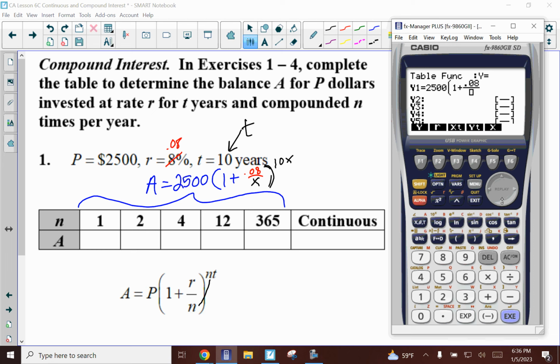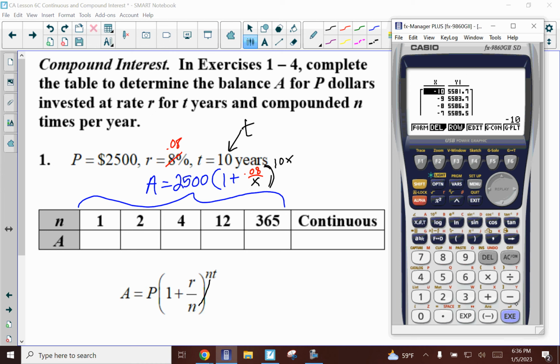Then we're going to hit the arrow down to the bottom, and we're going to stick the X down there. Remember the X, the only X you're allowed to use is underneath the red alpha button. Then we're going to toggle to the right and use the close parentheses. Then we're going to use the caret key to get the exponent box, and then we're going to put in 10x up there. So 10 and then x.